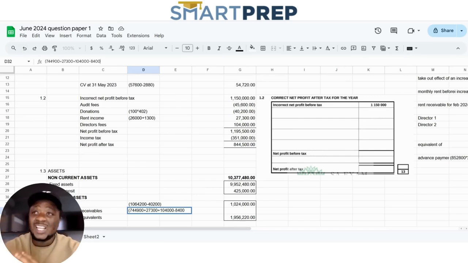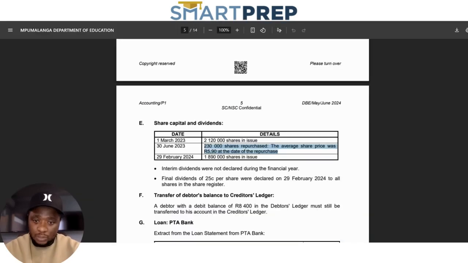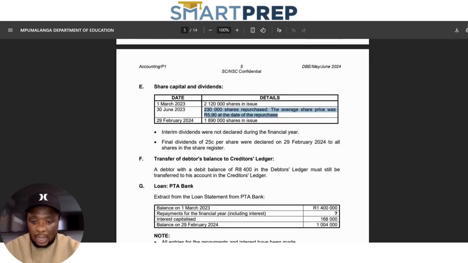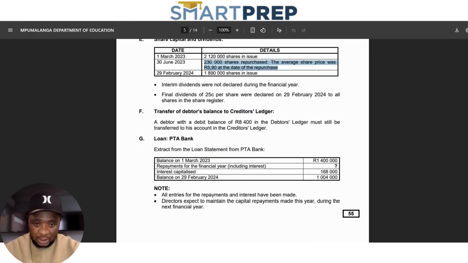But with liabilities, you debit them when they decrease and credit them when they increase. So that's what we do with that 8,400. And please make sure that you are very attentive to situations like that, because that's something that can sometimes throw people off. And then we have the loan and the other things. Now there isn't much left.